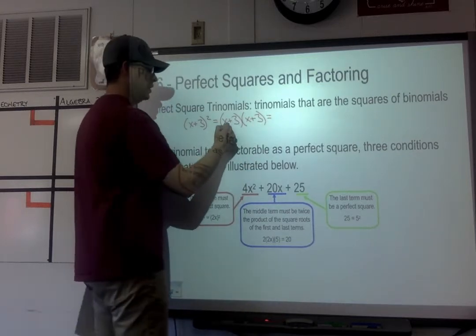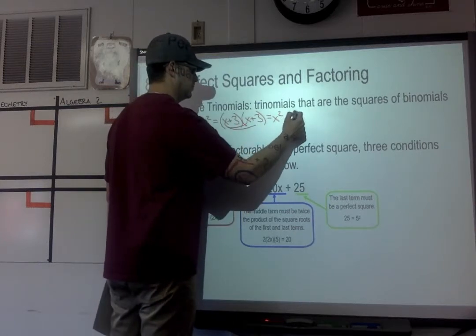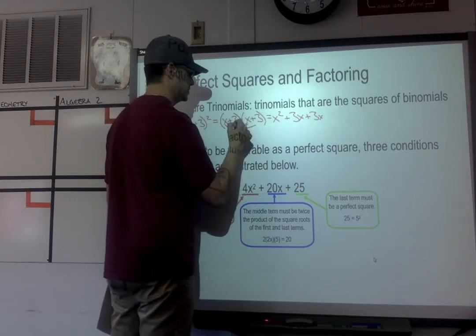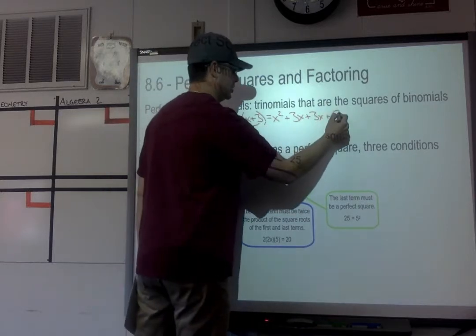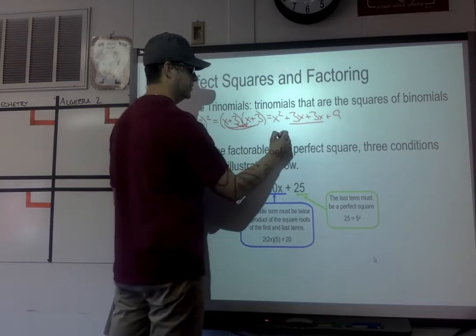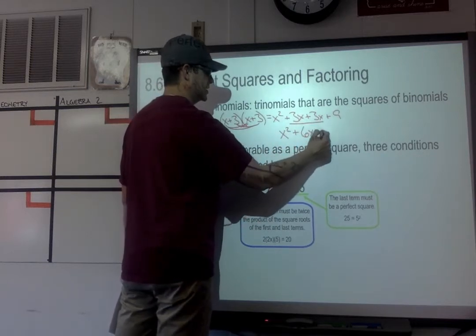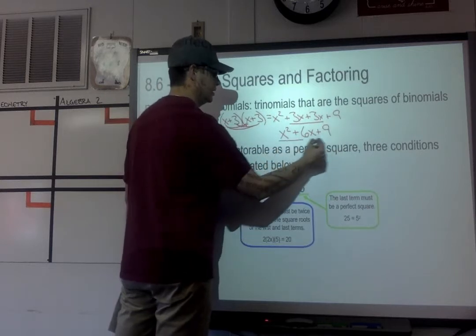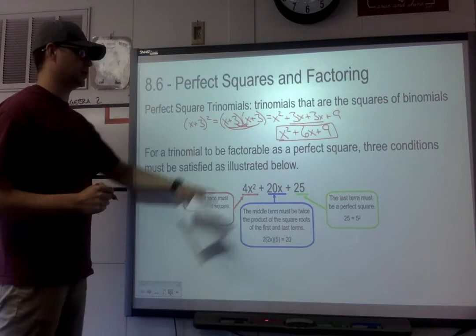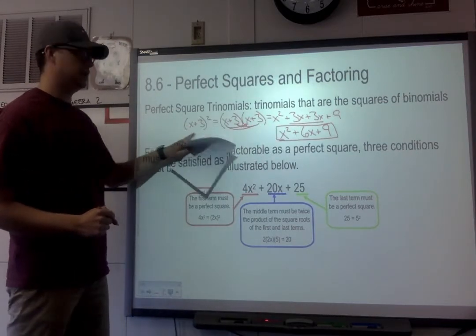And then when I FOIL this, I'm going to have x squared plus 3x plus 3x plus 9. Which now I can simplify my like terms, and I get x squared plus 6x plus 9. And that would be my perfect square trinomial, because I got it by squaring a binomial.